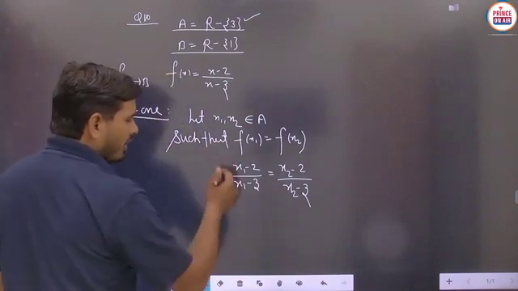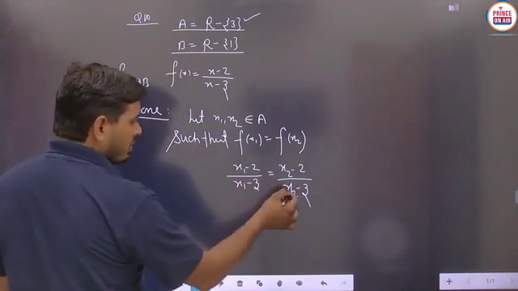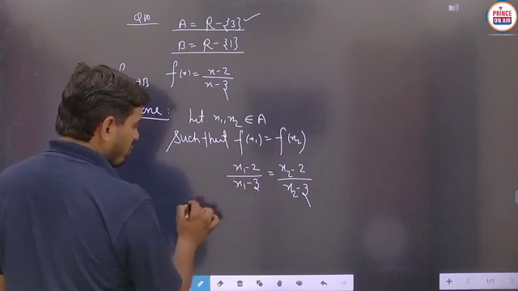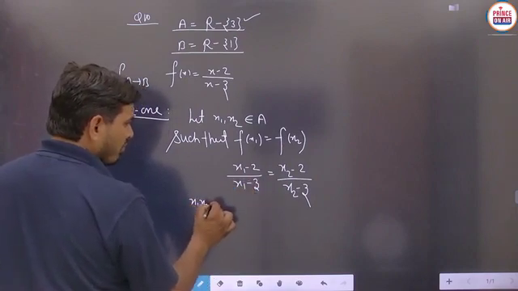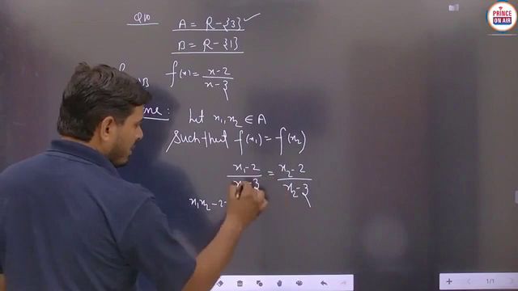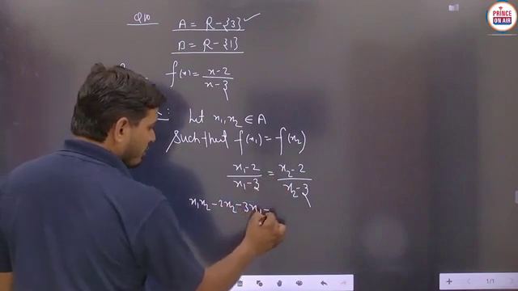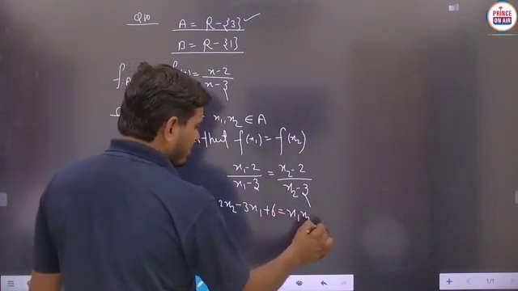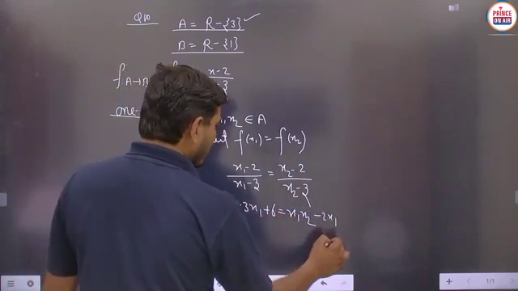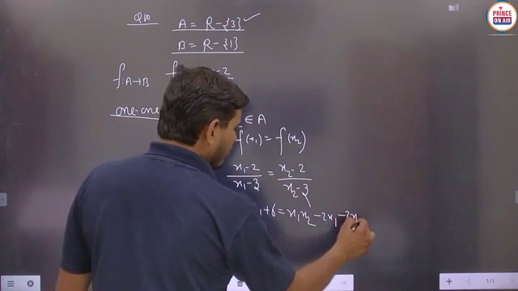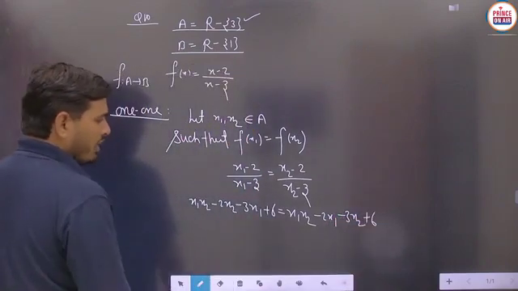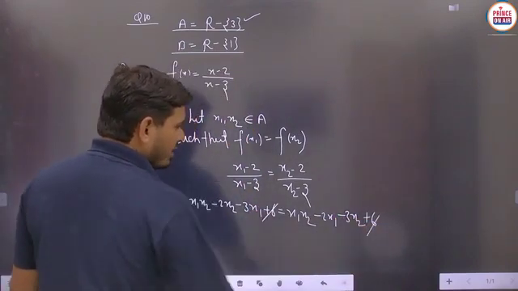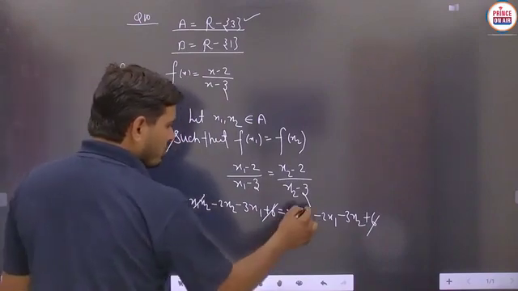So the cross multiplication is done, and this part is multiplied here: x1x2 minus 2x2 minus 3x1 plus 6, and similarly this part is multiplied, then x1x2 minus 2x1 minus 3x2 plus 6. Now we have to simplify this. So this 6 will cancel out, x1x2 will also cancel out.